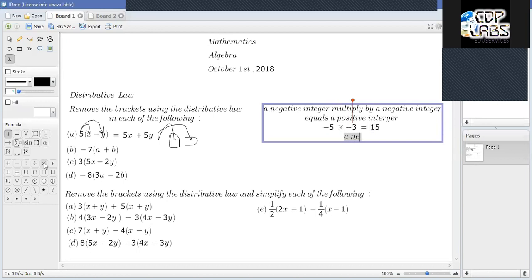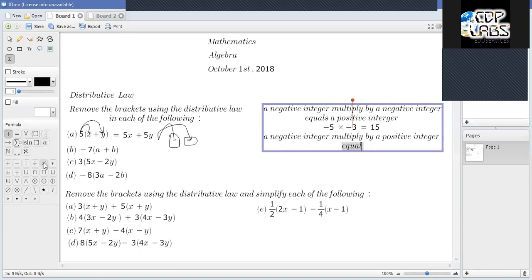Now, a negative integer multiplied by a positive integer equals a negative integer, and that is negative 5 times positive 3 will give us negative 15.